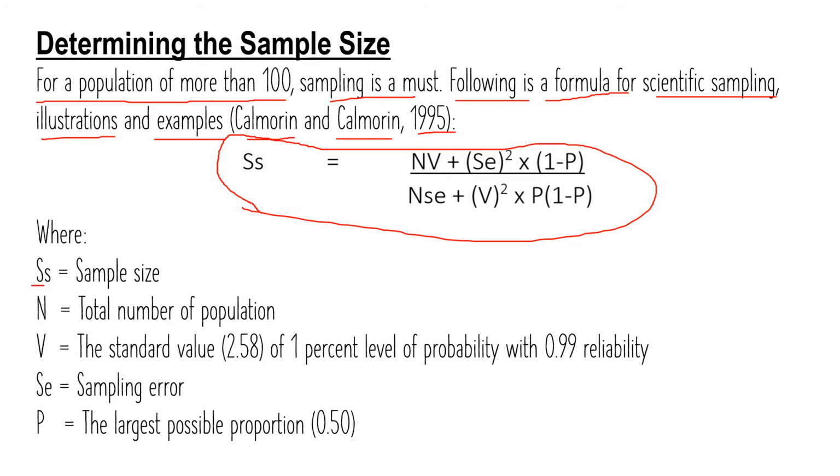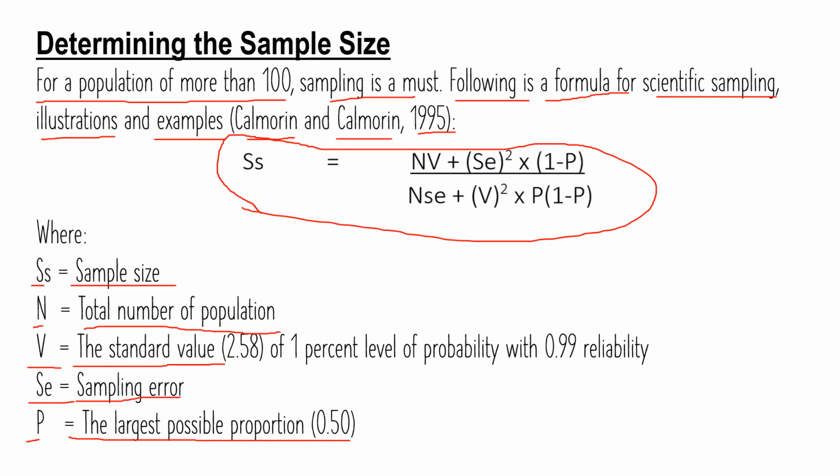SS is your sample size, N is the total number of population, B is the standard value, which is 2.58 at 1% level of probability with 0.99 reliability, SE is your sampling error, and P is the largest possible proportion, which equals 0.5.